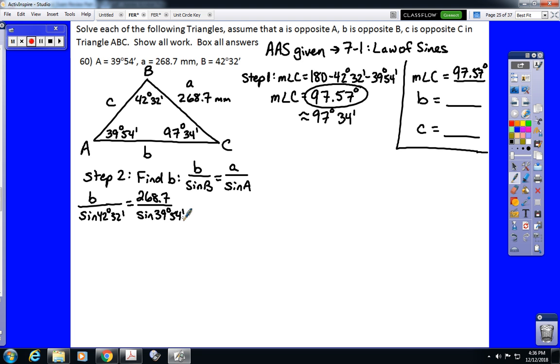We're going to cross multiply, which would give us b times the sine of 39 degrees 54 minutes equals 268.7 times the sine of 42 degrees 32 minutes. Then we're going to divide by the sine of 39 degrees 54 minutes and feed the calculator.